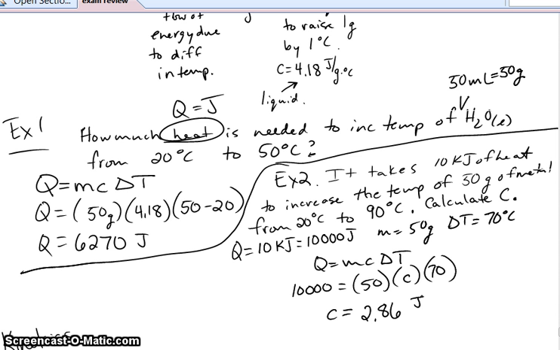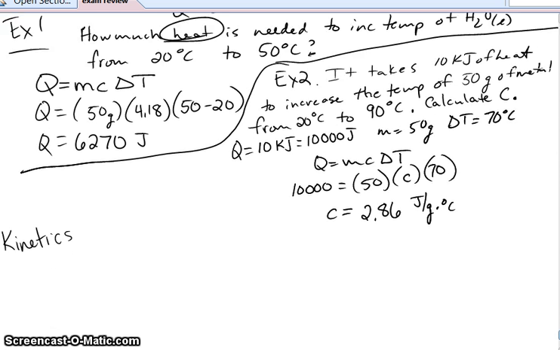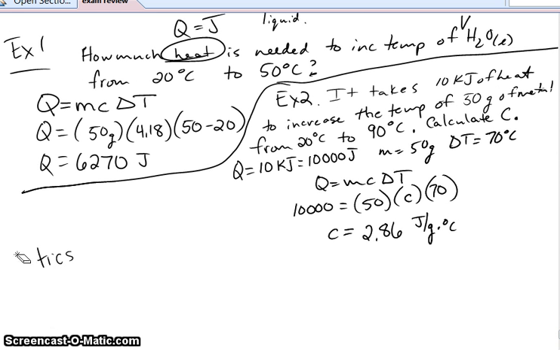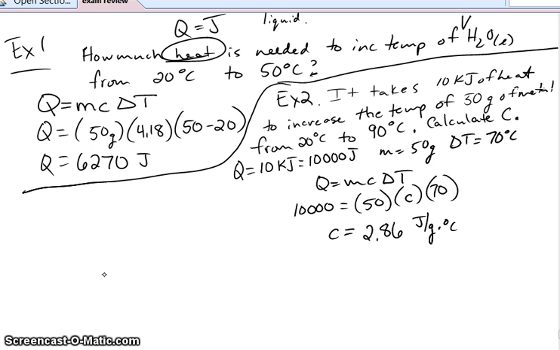What's the unit? Joules per gram times degrees Celsius. That's awfully high for a metal, because metals should have very, very low specific heat. I made that up off the top of my head, and it didn't come out quite as low as I had hoped.